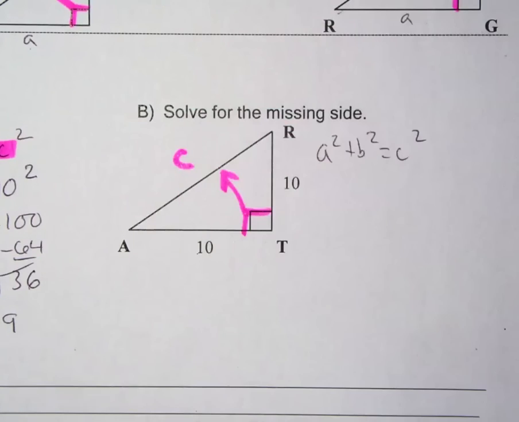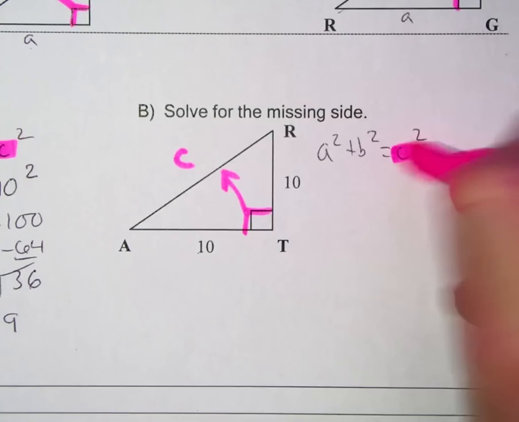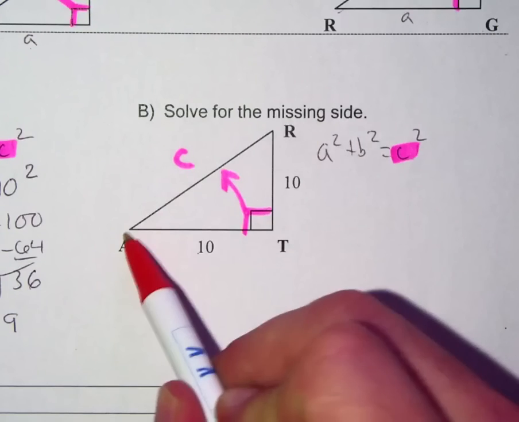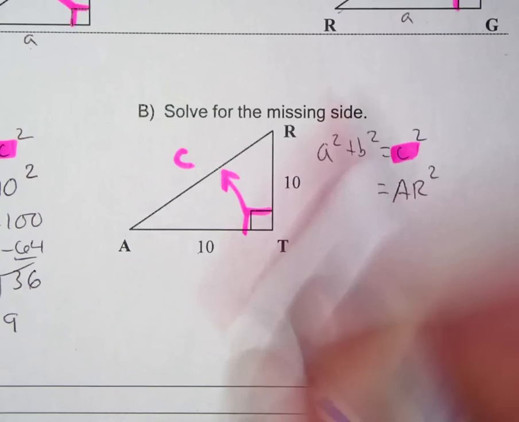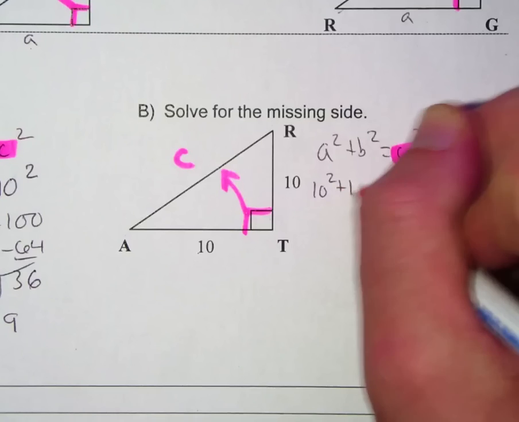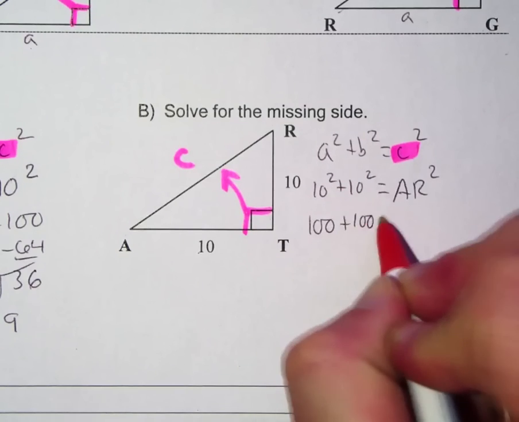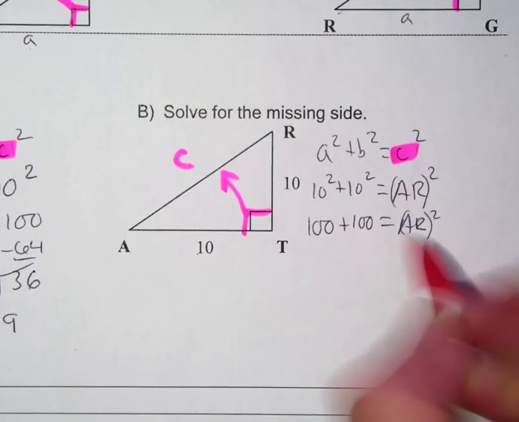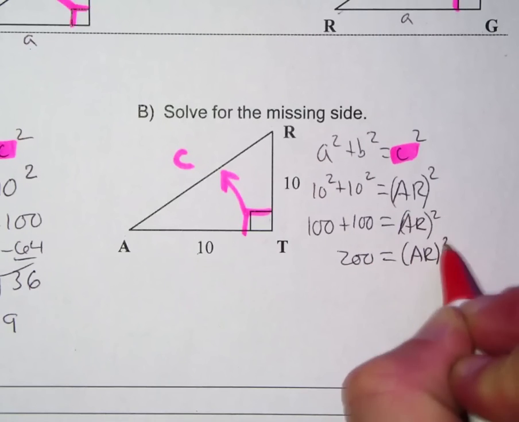So this is my c, so to speak. I'm going to put that in right here. I don't know what it is, so I'm going to call it AR. And then each of these legs is 10. So this is 100 plus 100 equals AR squared. 200 is equal to AR squared.